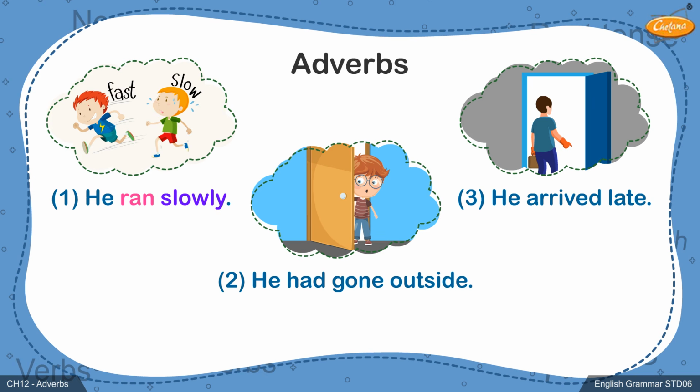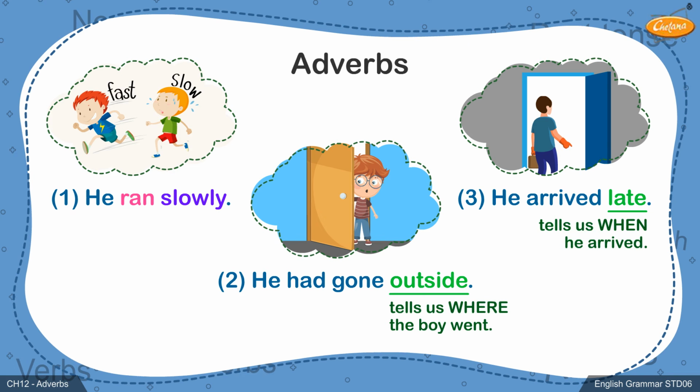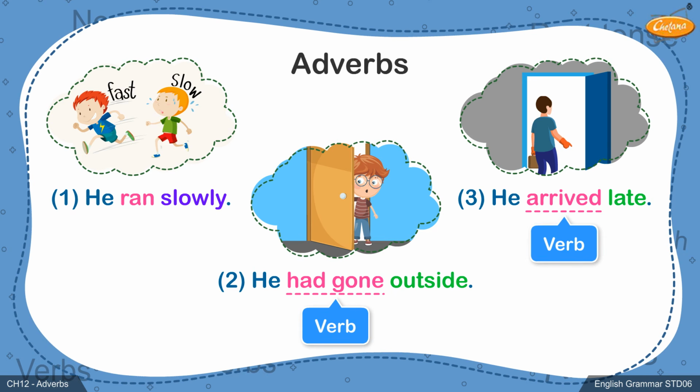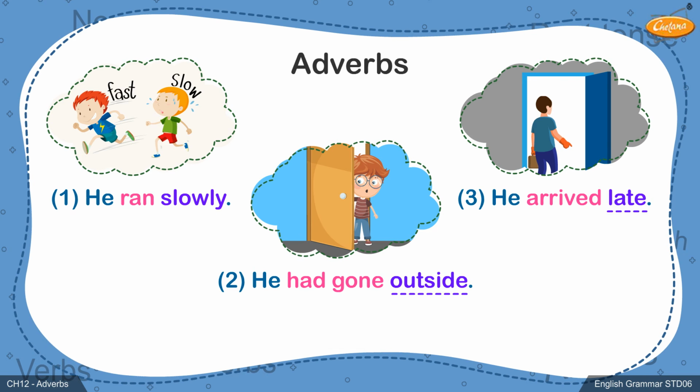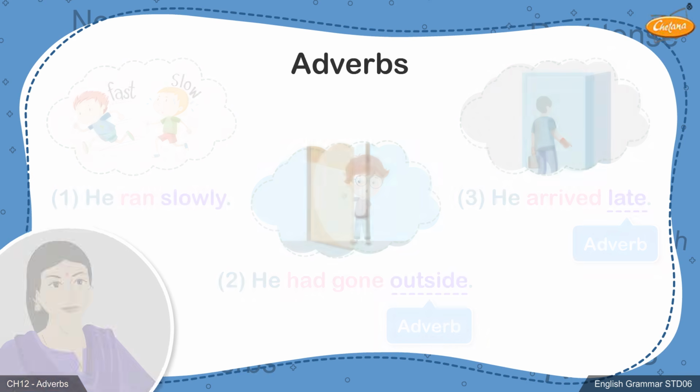Similarly, in the second and third examples, the words outside and late tell us more about the place where he went and when he arrived. Since these two words also tell us more about the verbs had gone and arrived, they can be categorized as adverbs.